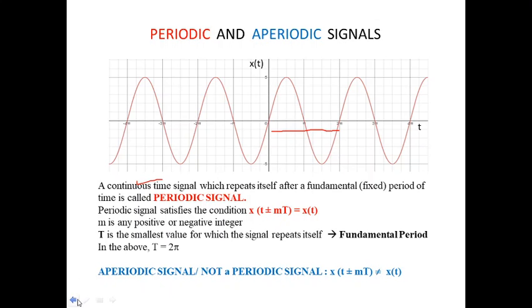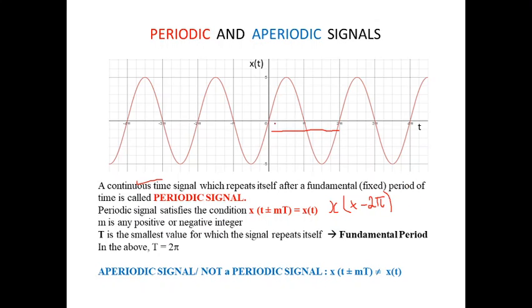For example, take m equal to 1, and we know very well in this example that the fundamental period is 2 pi, right? So if I find x of t minus 2 pi, where the value of m is equal to 1, this x of t minus 2 pi is nothing but a time delayed version of the signal by 2 pi.